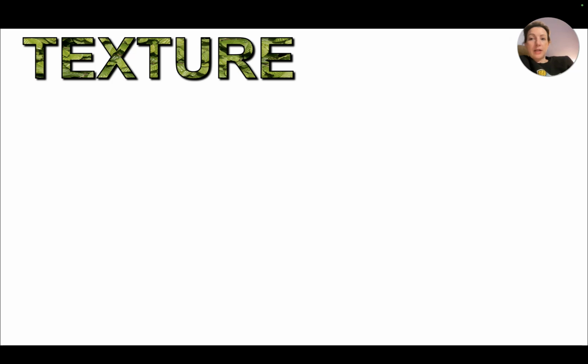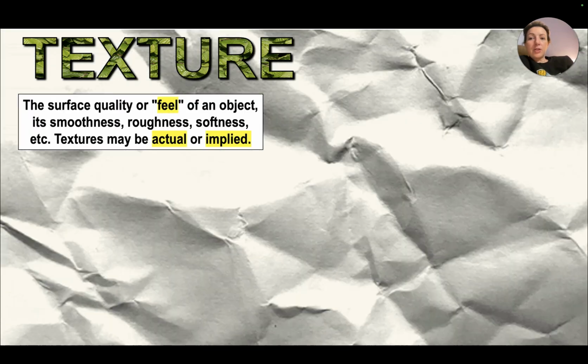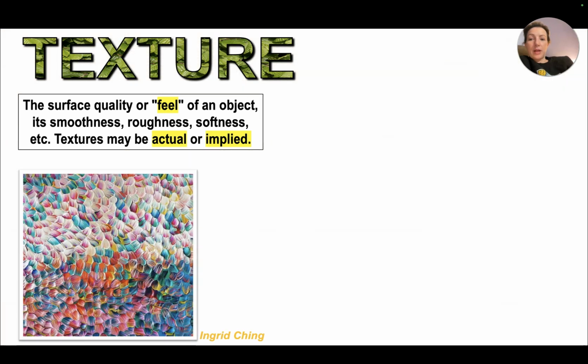And then finally, texture. Texture is the surface quality or the feel of an object, its smoothness, roughness, or softness. Textures may be actual or implied. So implied just means that you can't actually touch it. So if you're drawing fur and you draw it really accurately, it might look like it has that texture, but it actually doesn't. So this is a painting by Ingrid Ching.